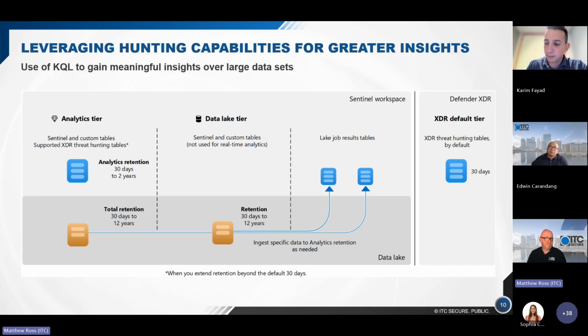So say if you extended the total retention to 180 days, the data is mirrored from day 0, and then after 90 days, it will be purged from the analytic tier, but it will still be retained in the data lake tier within the table.